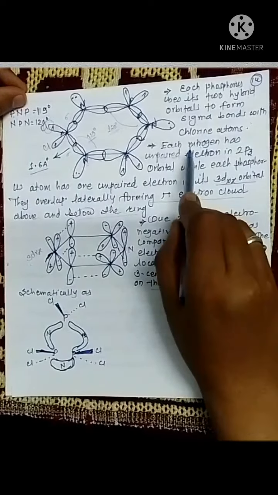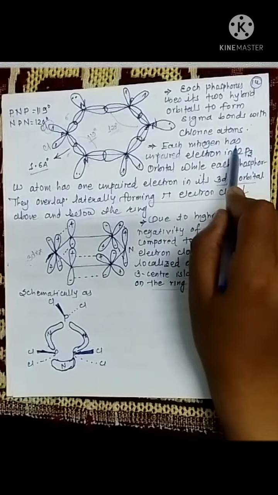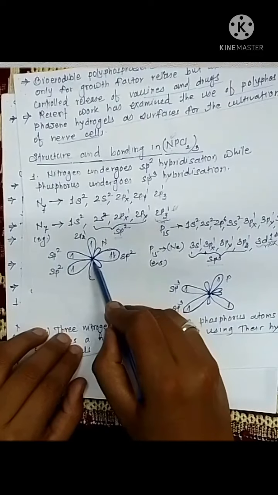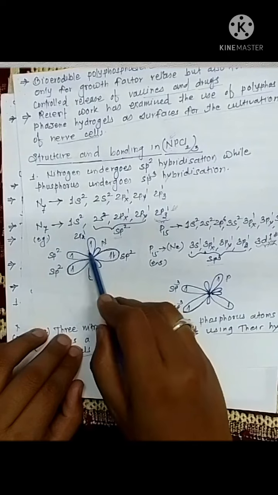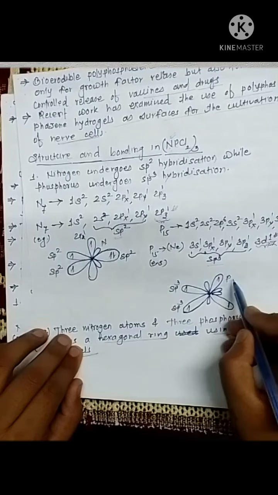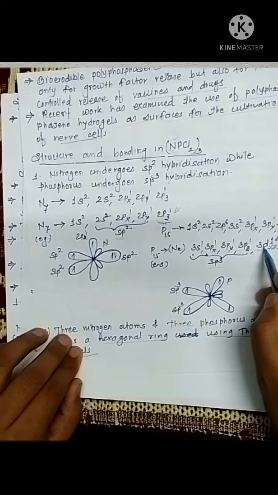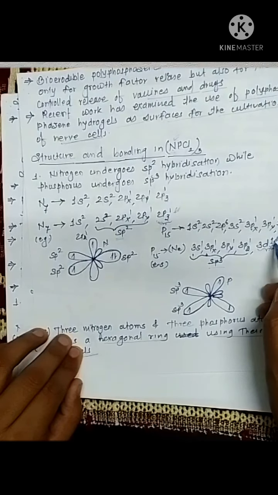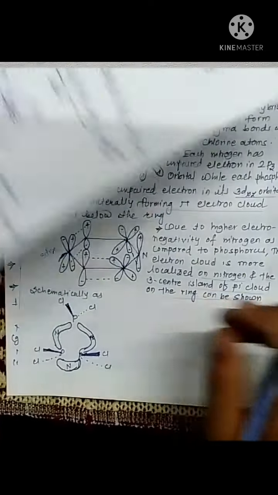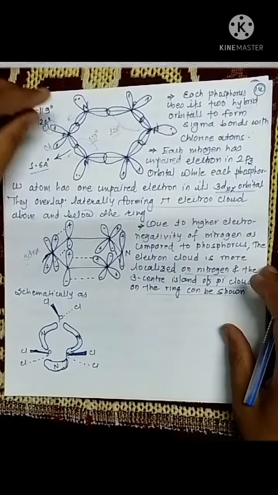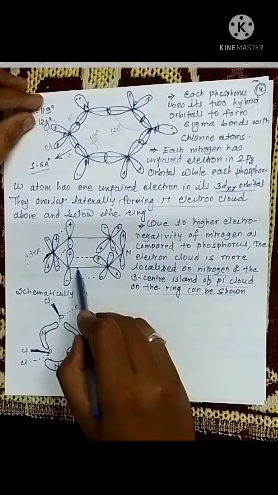So now we know that each nitrogen atom has one unpaired electron which is present in its 2pz orbital, while the phosphorus atom also has one unpaired electron which is present in its 3dxz orbital. So just see the structure of this hexagonal ring.